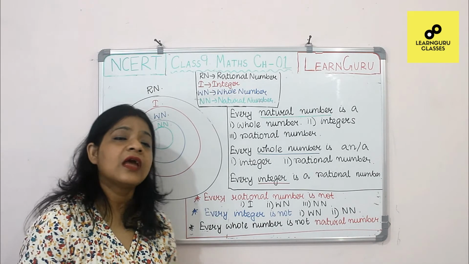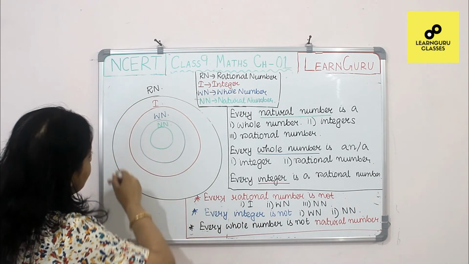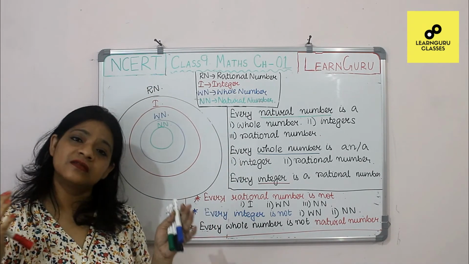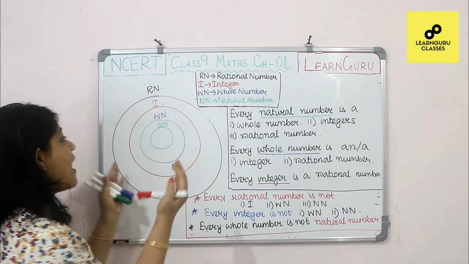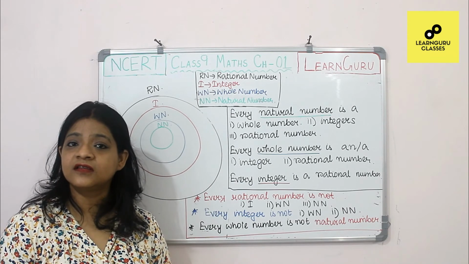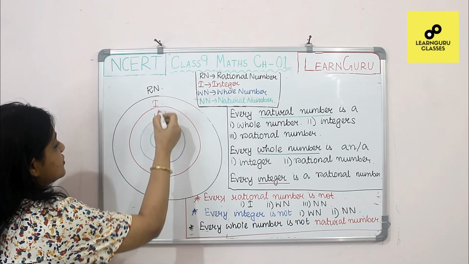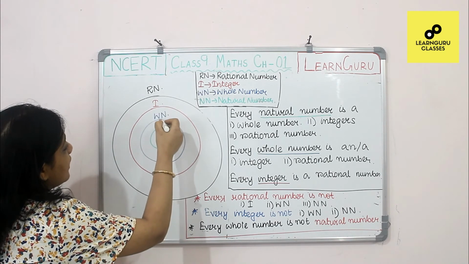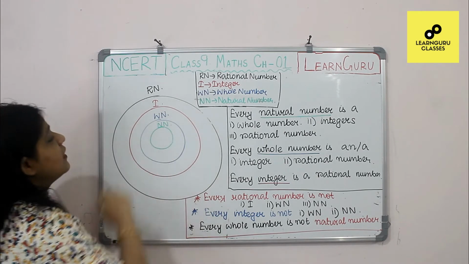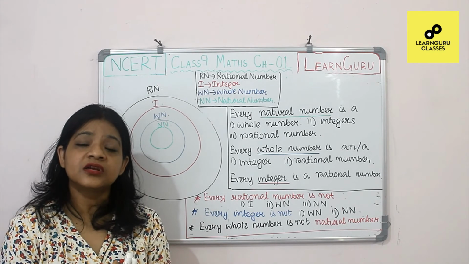So what can you say from this? Since the circle named rational number is of bigger size, it contains all the other circles of smaller sizes, isn't it? So rational numbers contain integers, whole numbers, natural numbers, then integers contain whole numbers and natural numbers, and whole numbers contain natural numbers.